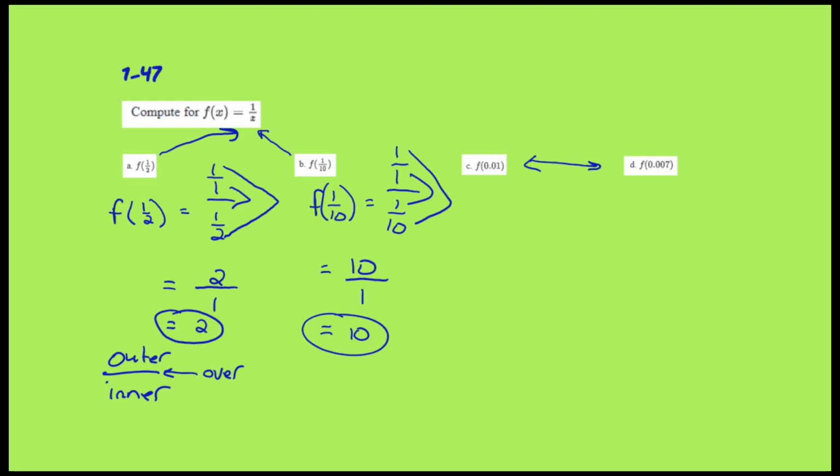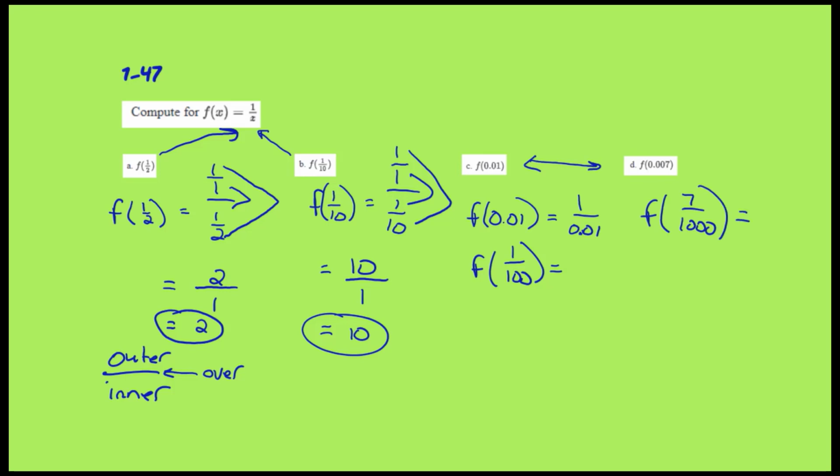Okay. Now, on these two, I just wrote them as decimals, because the f of 0.01 equals 1 over x. Well, let's just put 0.01. I'm going to write it as a fraction. This is 1/100th. So it's f of 1 over 100. This one is f of 7 over 1,000.